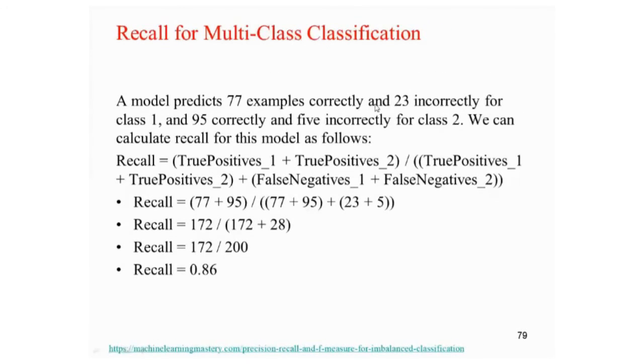Similarly, you can see here the recall: you can calculate the true positive for the second, and you can apply this formula. Here in the example, we have 77 examples correct and 23 incorrect for class 1, and 95 correct and 5 incorrect for class 2. Then you can find the recall.